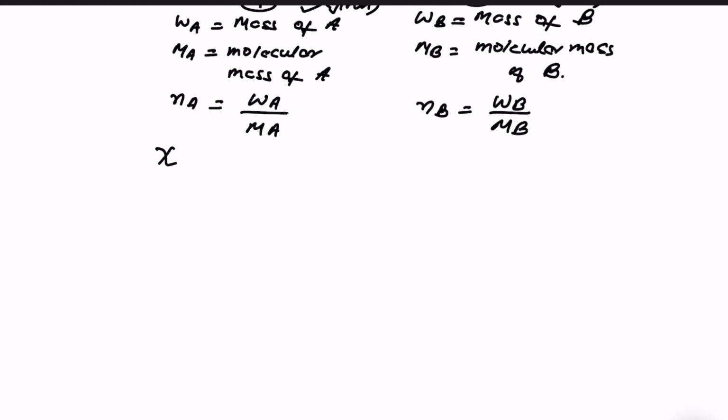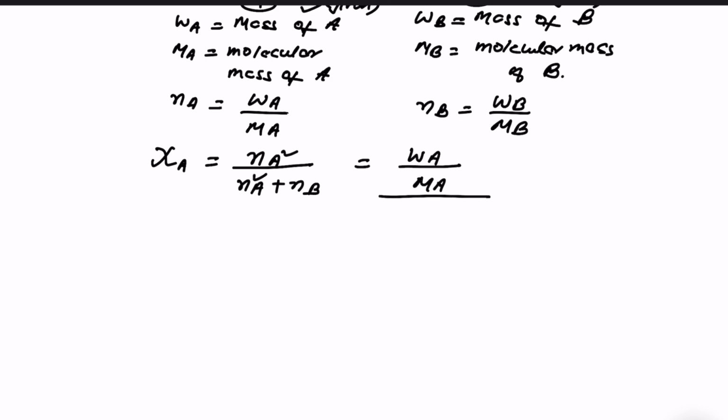Now mole fraction is denoted by this sign XA. So it will be equal to the number of moles of A upon the number of moles of A plus the number of moles of B. And since we know NA is WA upon MA, similarly NB can be written as WB upon MB.